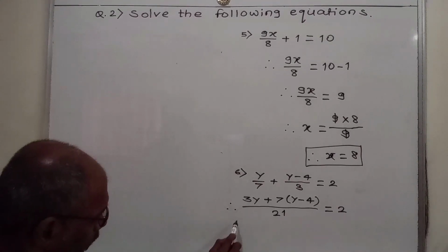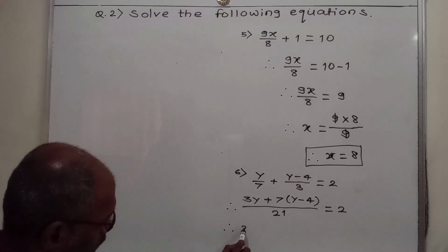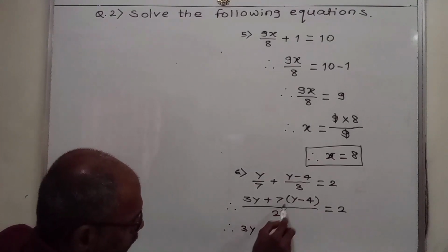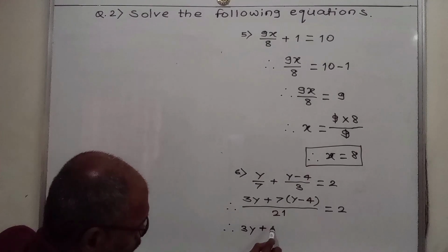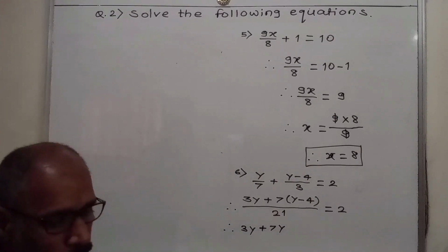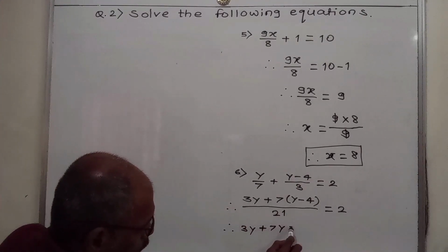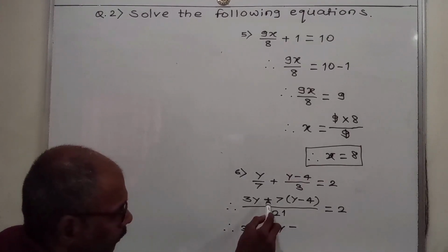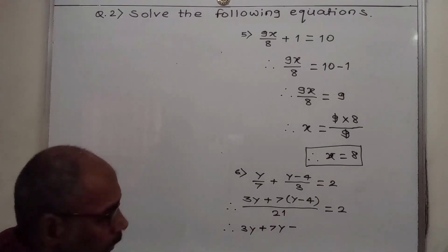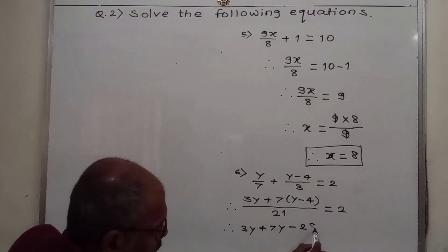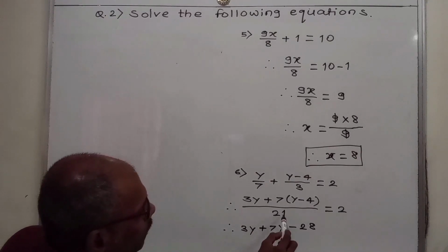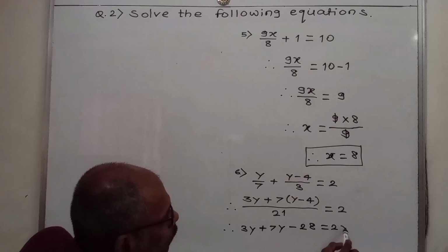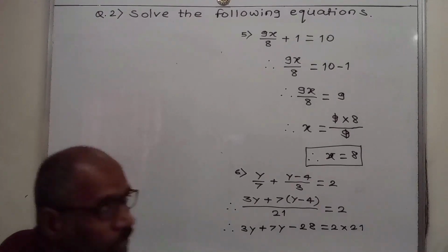Now, therefore, 3y plus, and this is also plus. So 7 into y, 7y, plus into minus, the product of opposite signs is always negative, plus into minus, 7 into 4, 28. And we take this denominator to the right side, then 2 into 21.